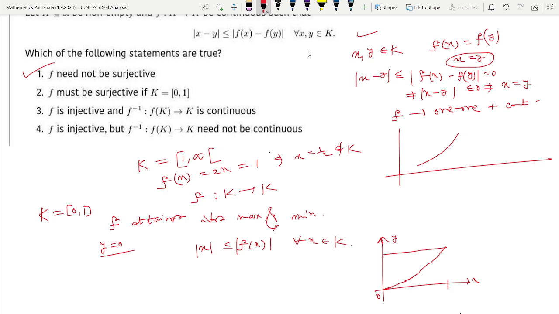Suppose in this case we can suppose where f is not surjective, that means f may be like that, or f may be like that, then the point which lies here has no pre-image.